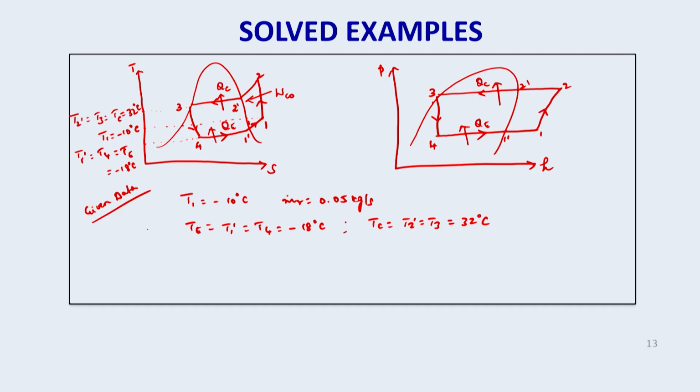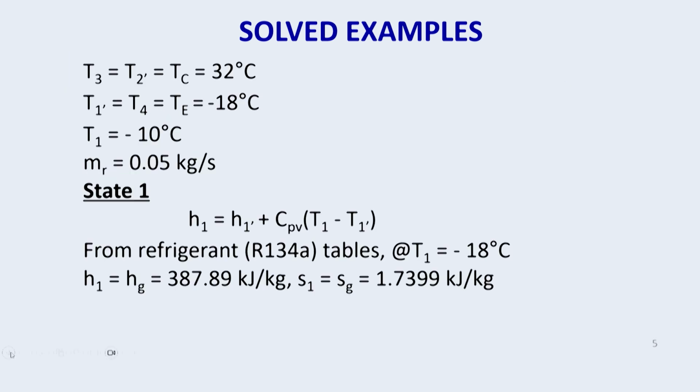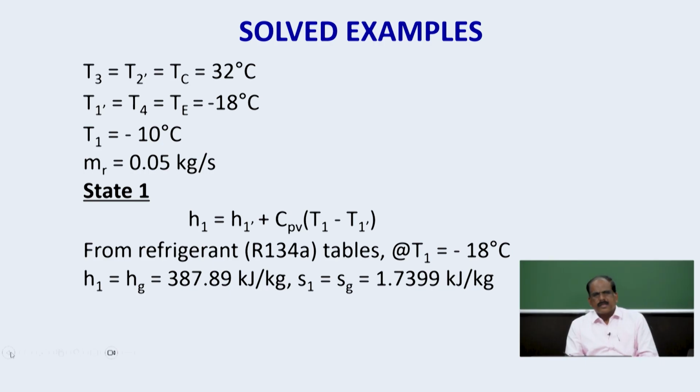So let us use the R134 refrigeration table to take the properties, and certain properties we have to calculate. Now, okay, let us start from state point 1. State point 1 is in superheated condition, whereas 1 dash is in saturated condition.